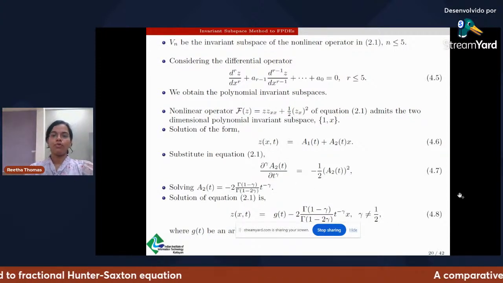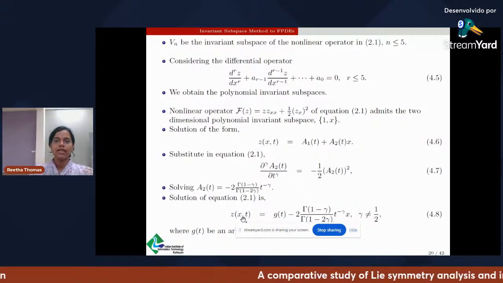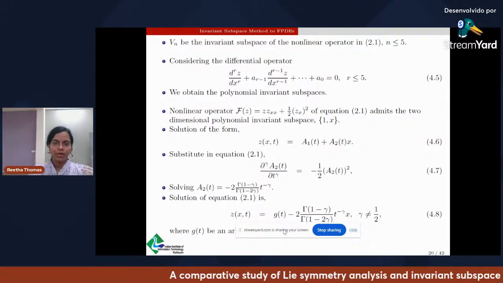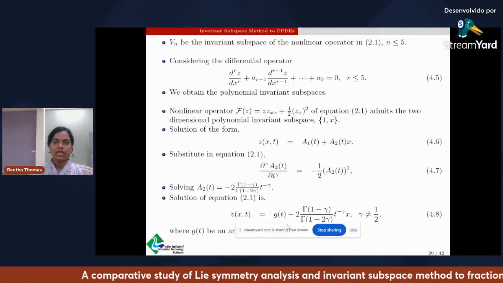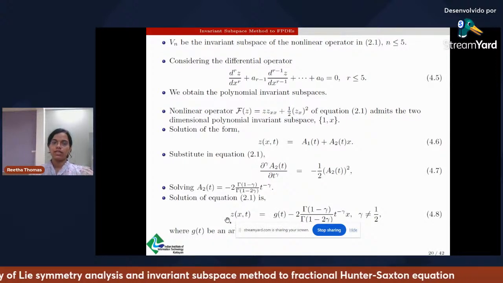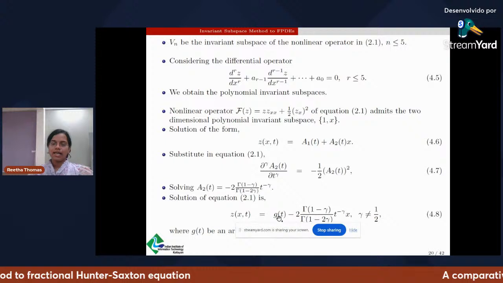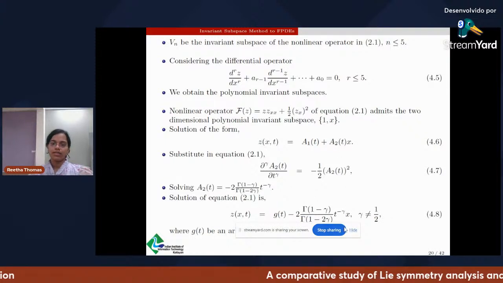So the solution of equation 2.1, which is the fractional Hunter-Saxton equation, is equation 4.8, where g of t is an arbitrary function. That is, the solution of the fractional HS equation is z equal to g of t, where a1 of t is represented as g of t. That is an arbitrary function, and we can obtain a2 of t like this and put x here.